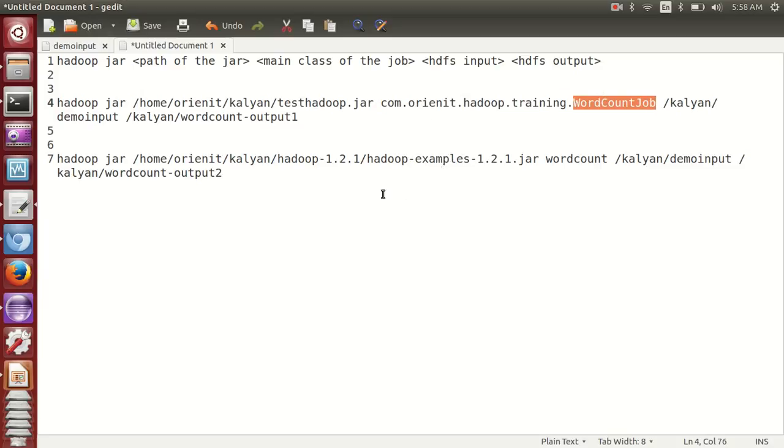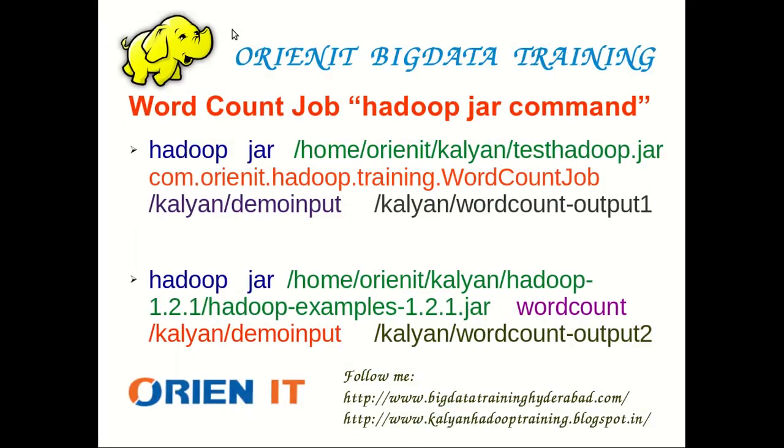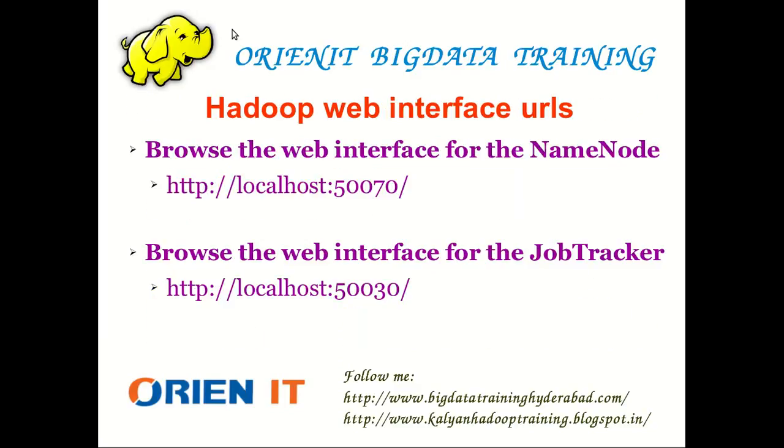The main thing to remember is to verify the jar command you gave. Generally you have to verify two browser URLs: one is the name node URL, the other is the job tracker URL. Once you verify these two, you will get a clear picture of what jobs have been executed and where the data resides. This is generally the Hadoop jar usage pattern.